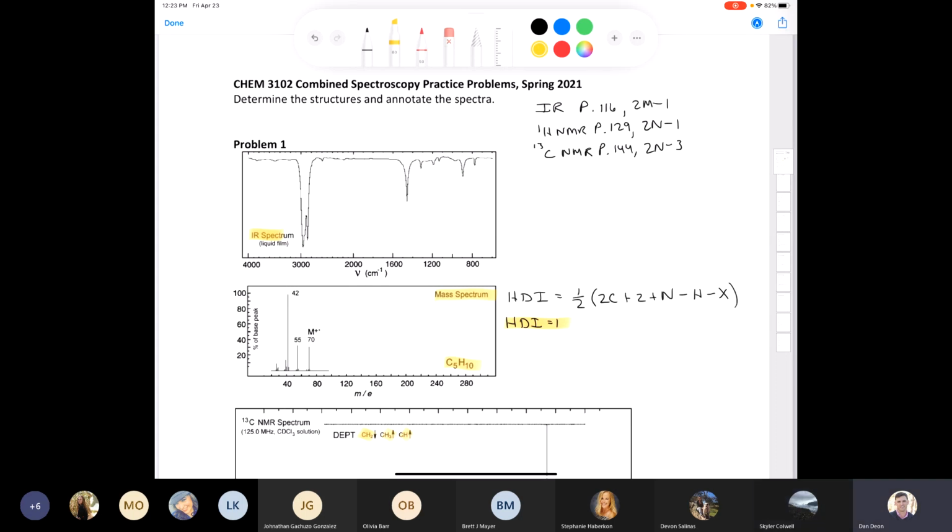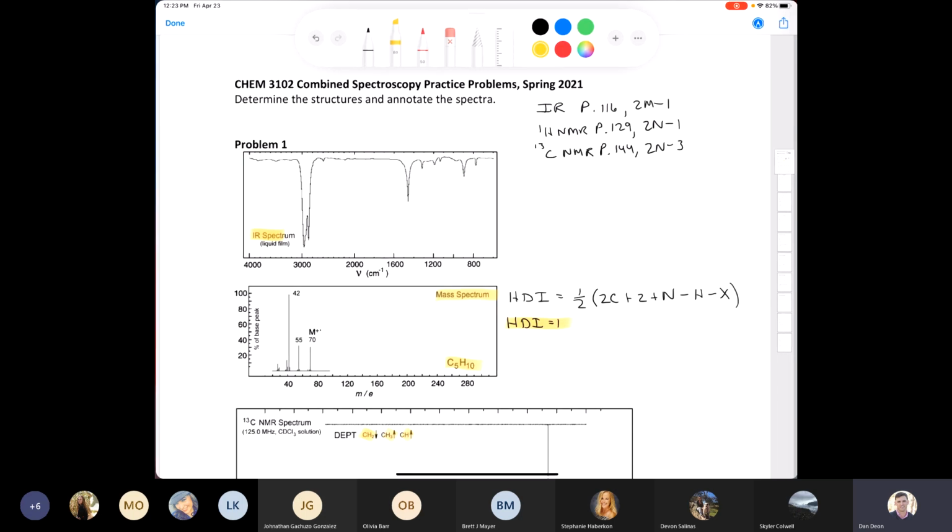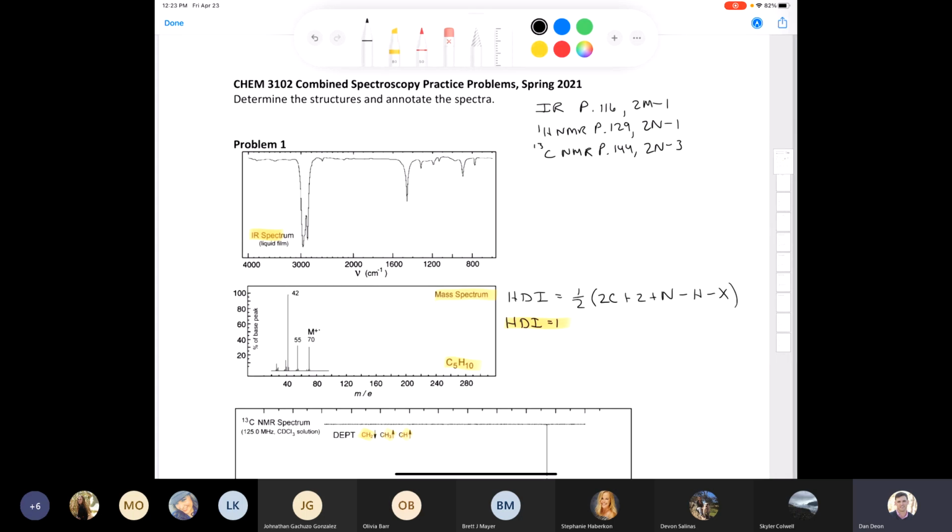Yeah, it could be a ring. Is there another option? Yeah, Advita says it could be a double bond. And you're both absolutely correct. So we could either have an alkene, a double bond, or a ring.